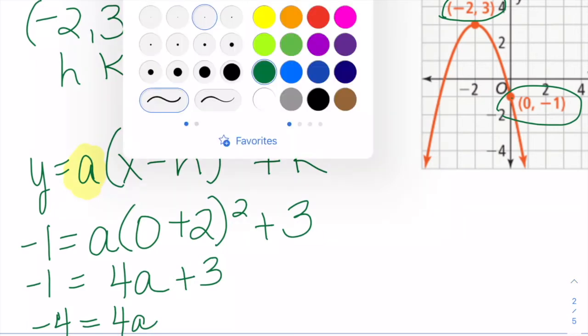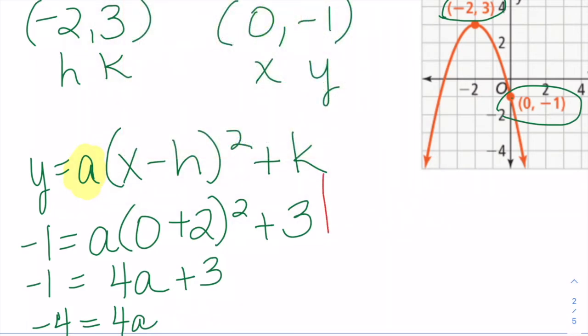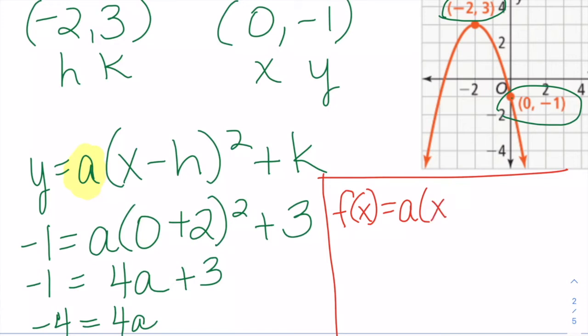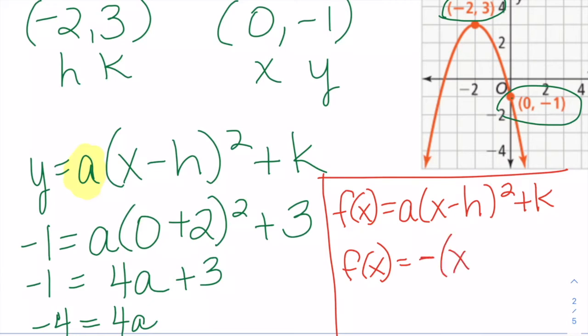Now to write the equation, remember it's f of x equals a times (x minus h) squared plus k. Now I have to make sure I have an f of x. We know our a is -1, so I'll just put a negative there. Leave in the variable x.